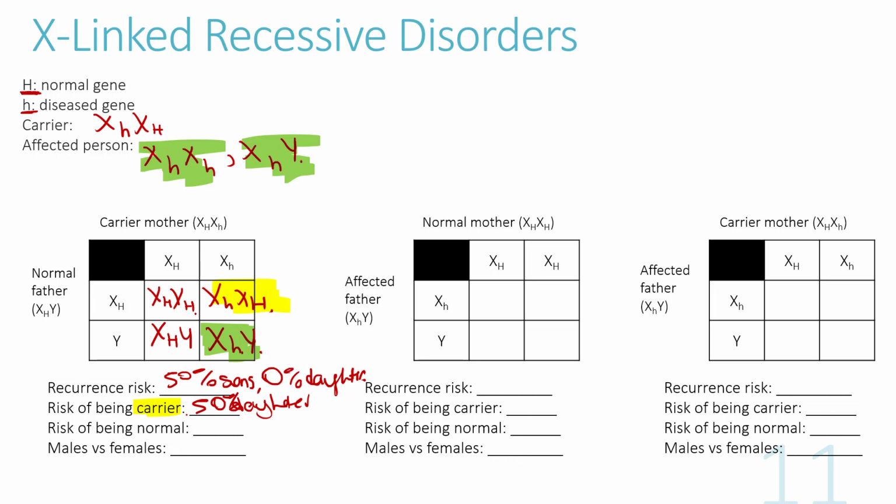And of being normal, you've got 50% son and 50% daughter. All right, so males versus females is very different. 0% of the daughters are likely to have the condition, whereas half the sons, or 50%, have the condition. There's a 50% recurrence risk.